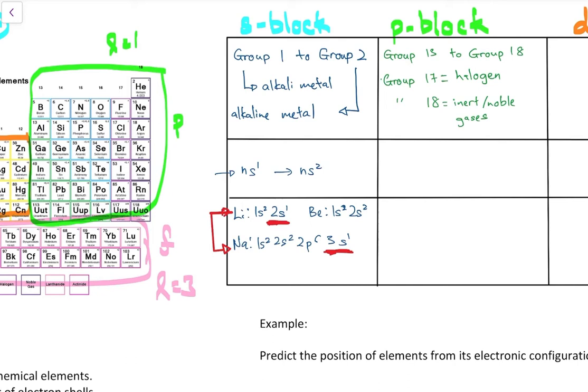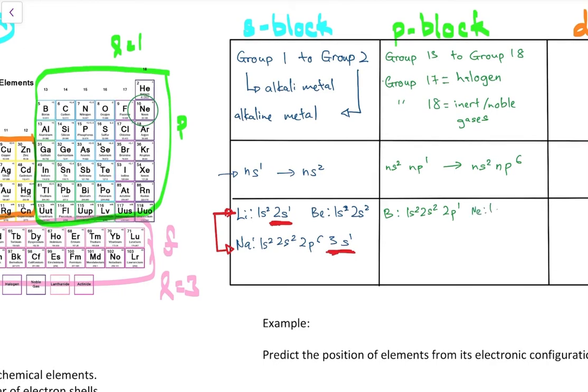The formula for the valence electrons for the P block is ns2 np1 up to ns2 np6. For boron, with 5 proton number, you get 1s2, 2s2, 2p1. Then we take neon for the last example, where you get 1s2, 2s2, and 2p6.